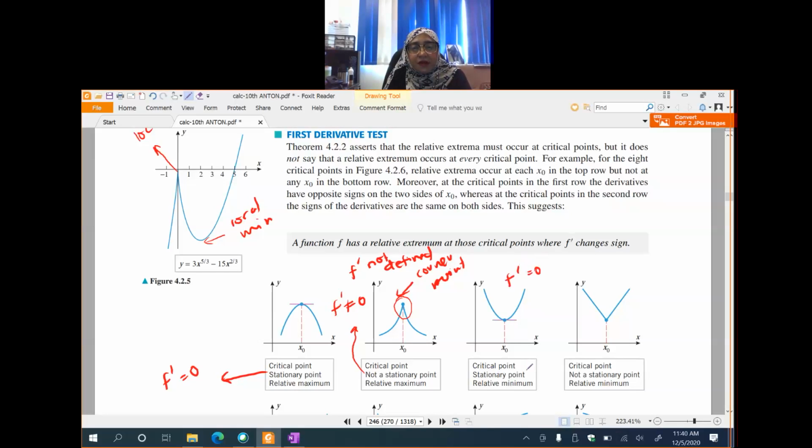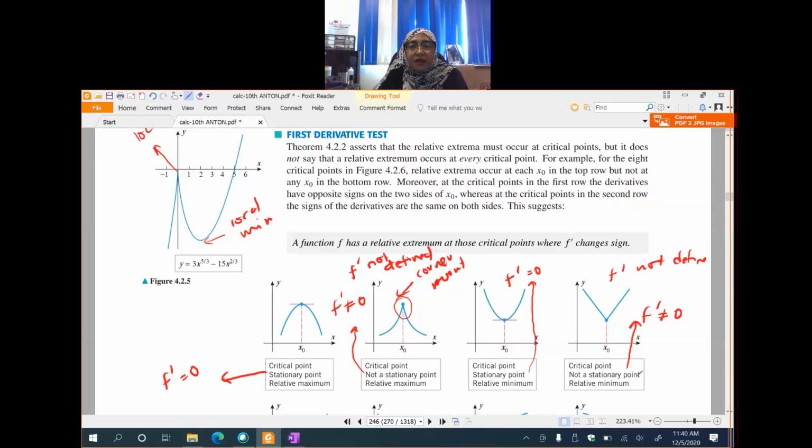It's a stationary point, and obviously it's a relative minimum. This is a critical point, not a stationary point, because f prime is not equal to 0. This is a corner point like this one. For this point here, f prime is not defined.